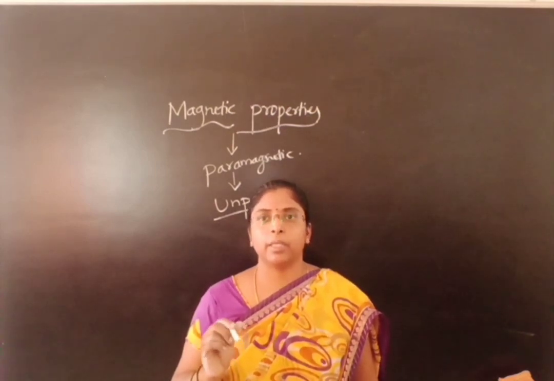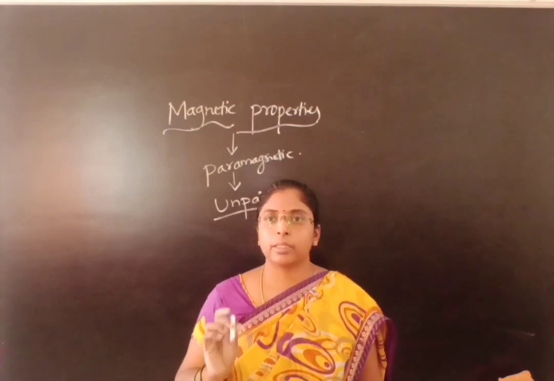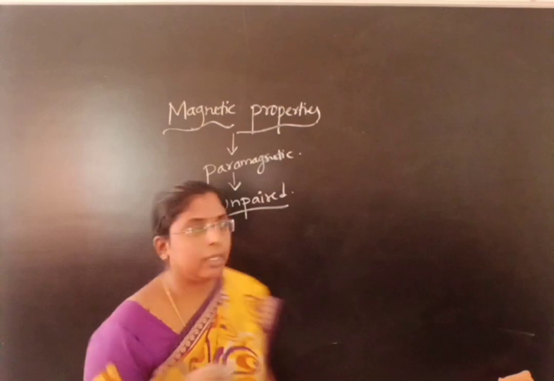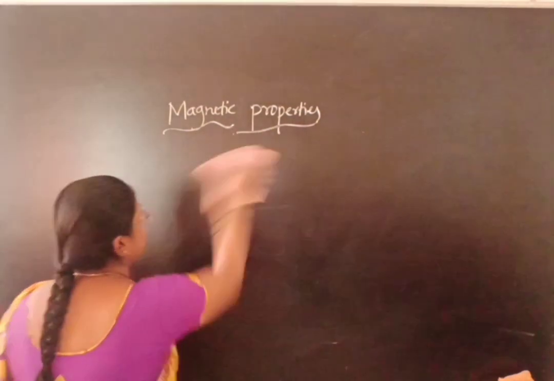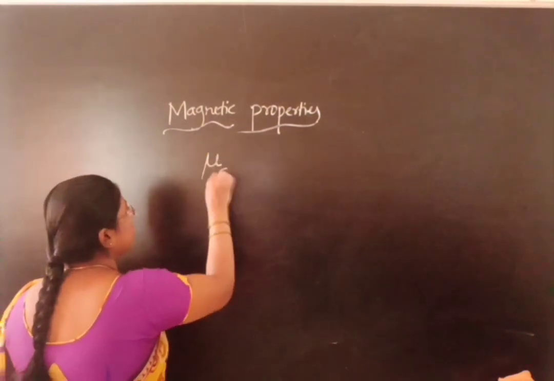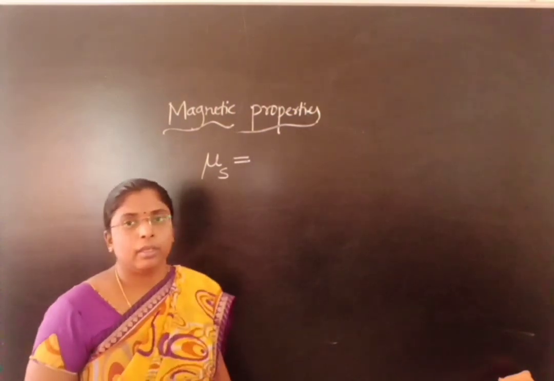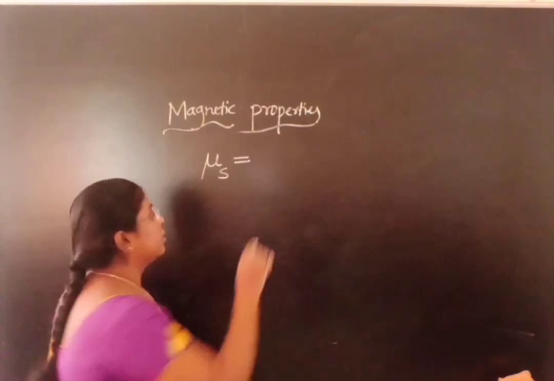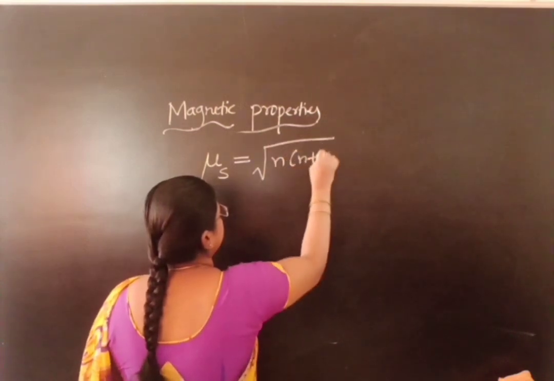Only the spin magnetic moment of an electron is considered. We represent it with the symbol mu. To calculate the spin magnetic moment, the formula is mu s is equal to root of n into n plus 2.